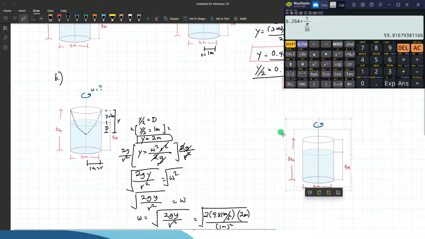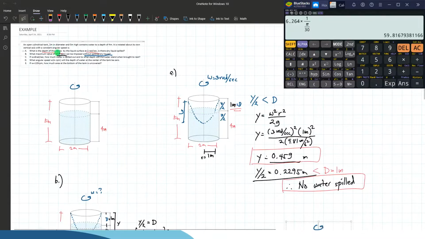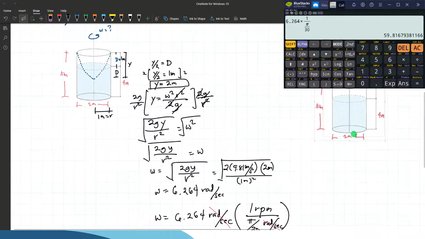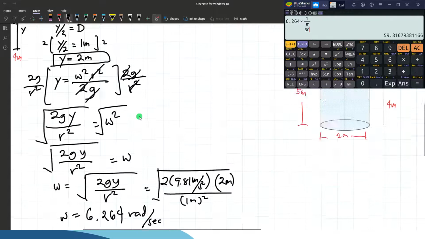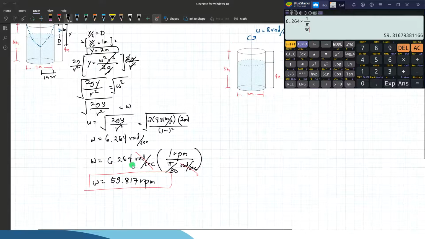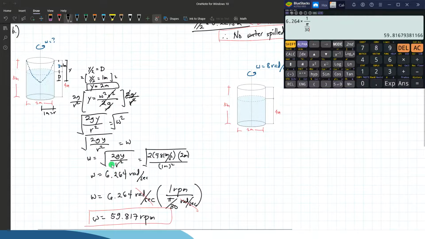Okay, so it is rotated at 8 rad per second. We can confirm that the maximum W for the liquid surface to touch the rim without spilling is 6.264 rad per second.